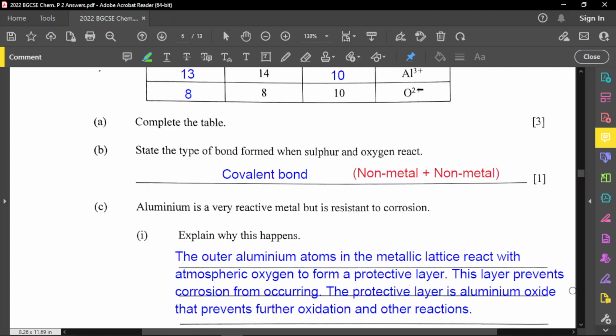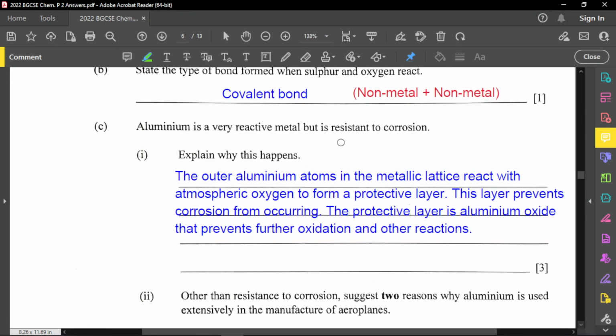All right, for part C, it states that aluminum is a very reactive metal, but is resistant to corrosion. Explain why this happens. This is 3 marks. So what happens is that the outer aluminum atoms in the metallic lattice will react with atmospheric oxygen to form a protective layer.